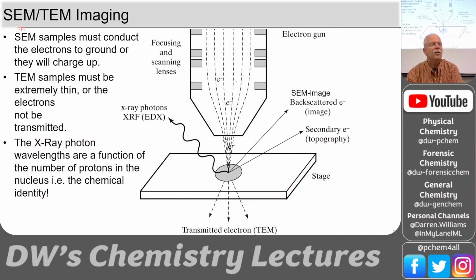Now this is a microscope too, which is kind of bizarre, that we can treat electrons like light, but they're charged particles, and we can use various amounts of charge on these little plates, high voltage or low voltage, and we can steer the beam, shrink the beam, or expand the beam.